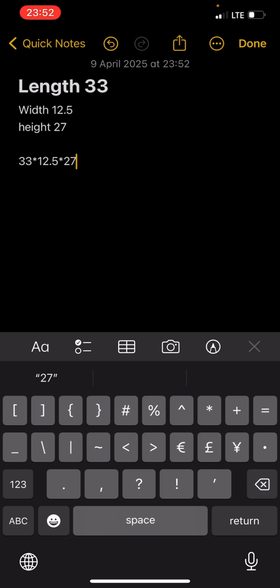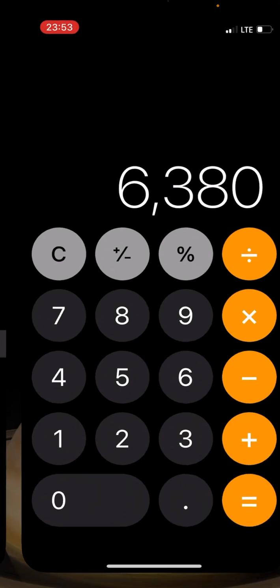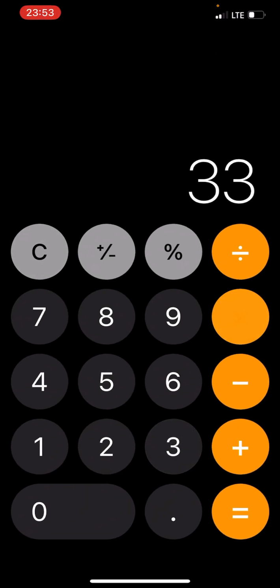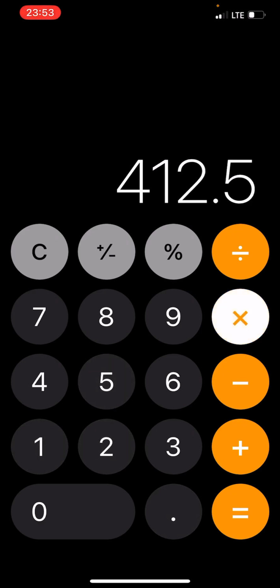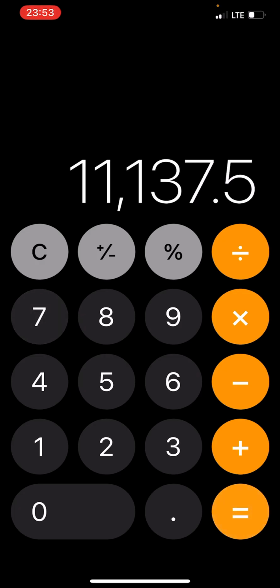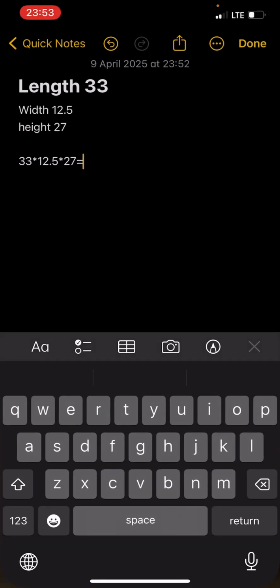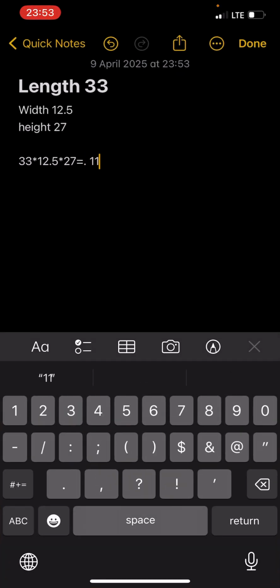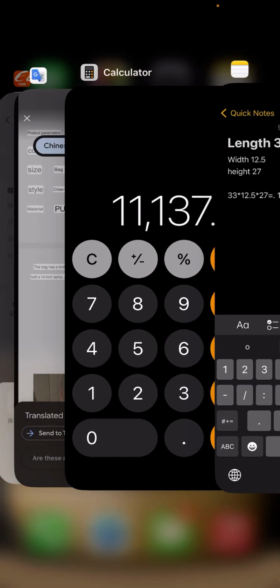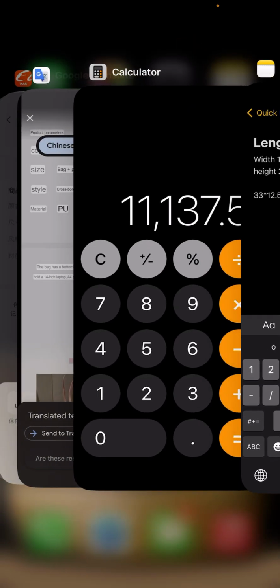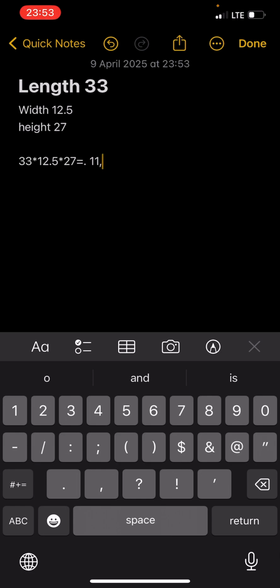Of course, we have to calculate it to get the answer. 33 times 12.5 times 27 equals 11,137.5. This is what it gives you, right?